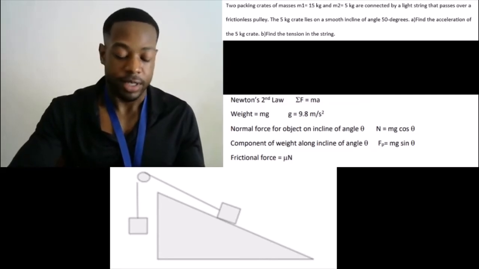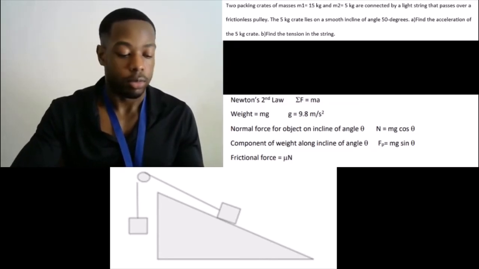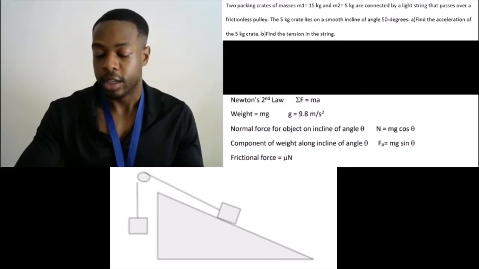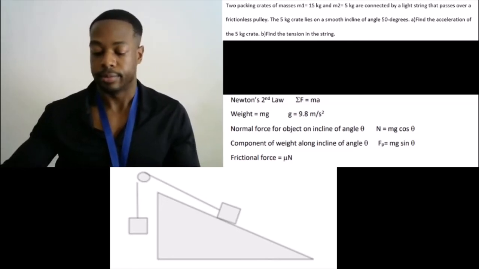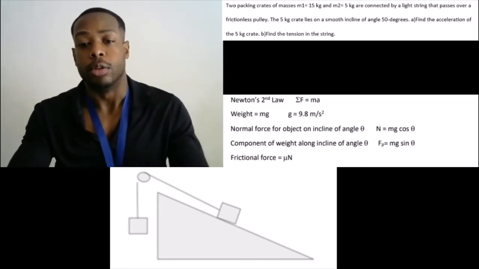The acceleration we're going to have is 9.23 meters per second squared. So not too tough there.